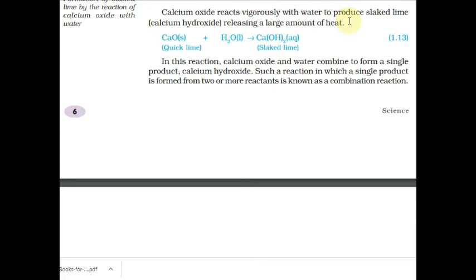So what would be the definition of combination reaction? The reaction in which a single product is formed from two or more reactants is known as combination reaction.